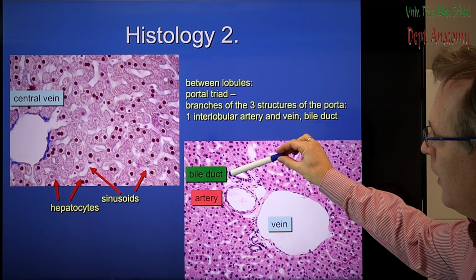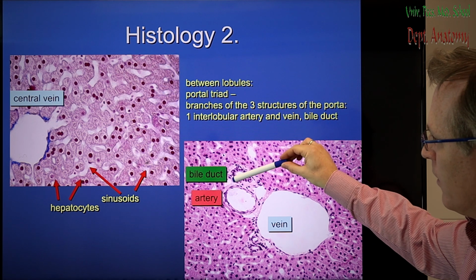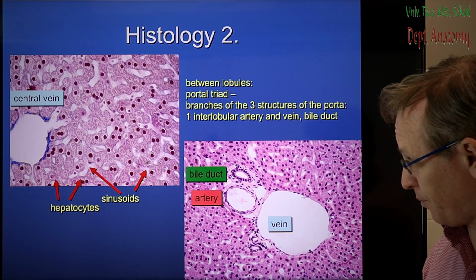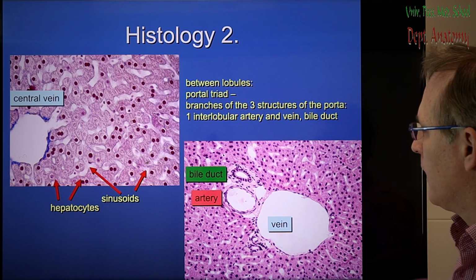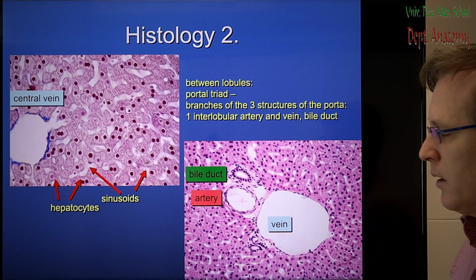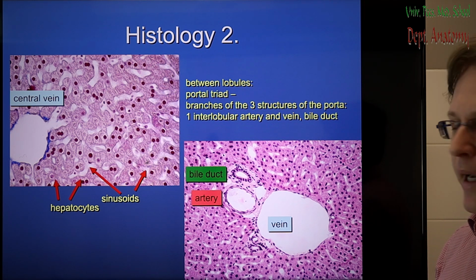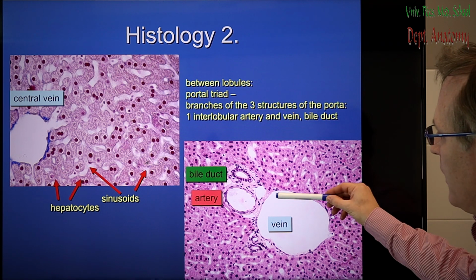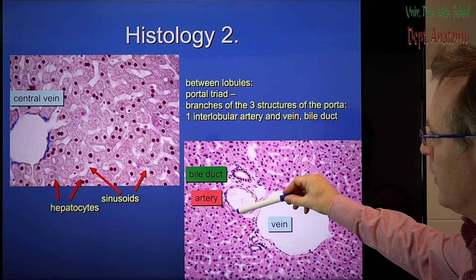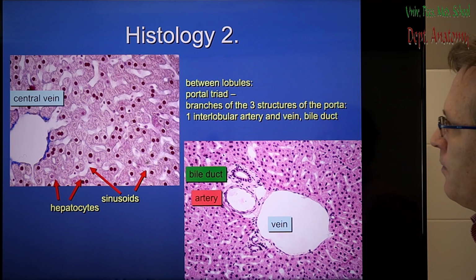And finally, the smallest structure, the bile duct. The bile duct is formed by cuboidal epithelial cells, and the bile duct will carry the bile into the hepatic duct. So interlobular vein, interlobular artery, and bile duct.